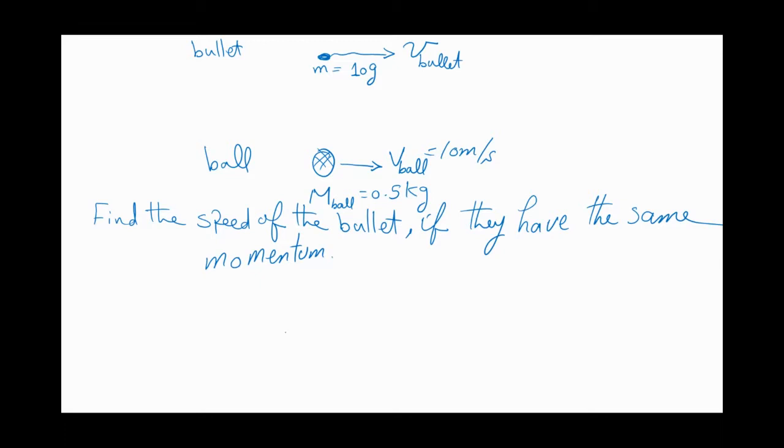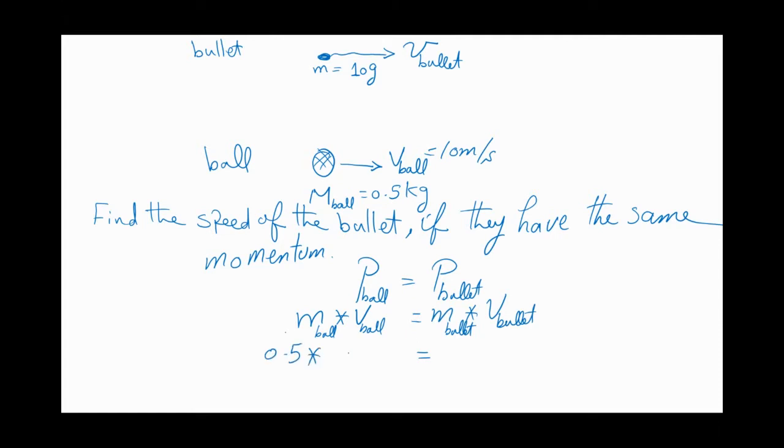I will say the momentum of the ball equals the momentum of the bullet. So the mass times velocity of the ball equals mass times velocity of the bullet. I know the mass of the ball is half kilogram.